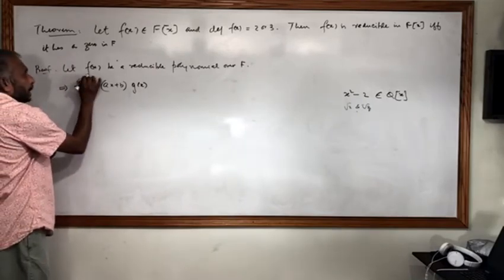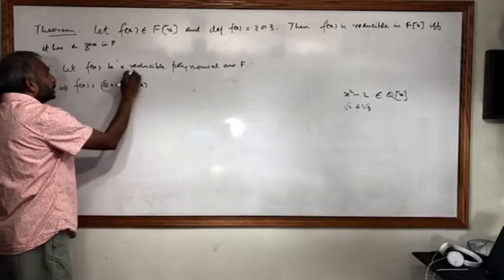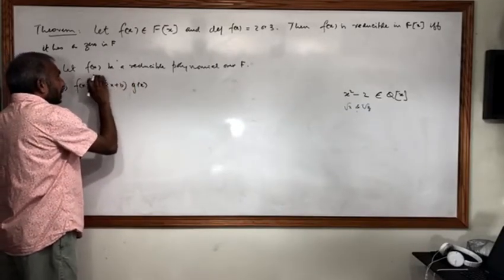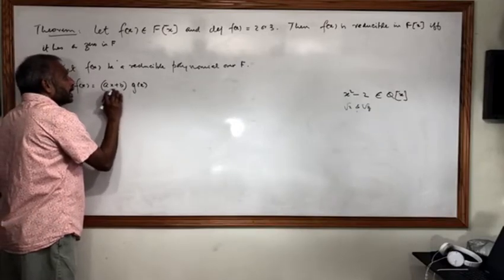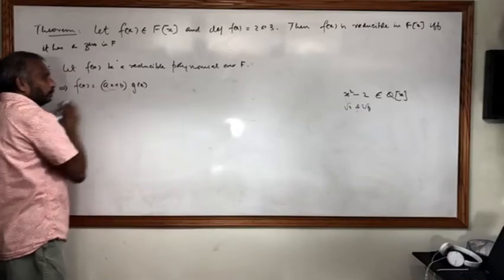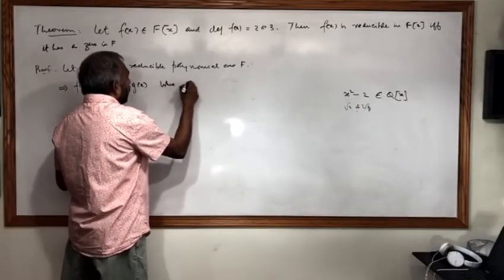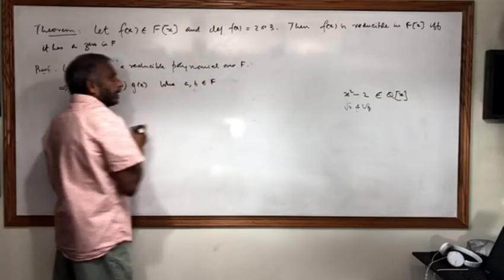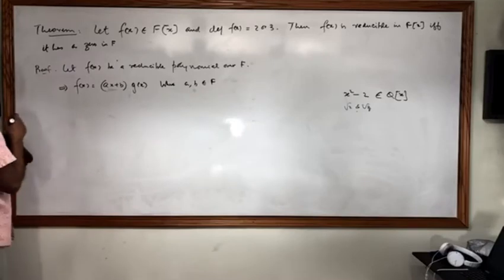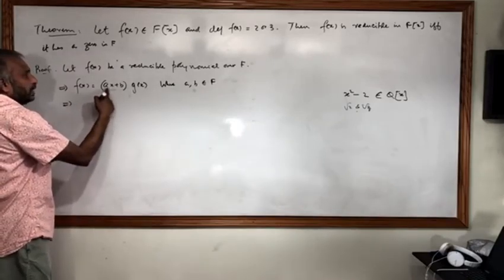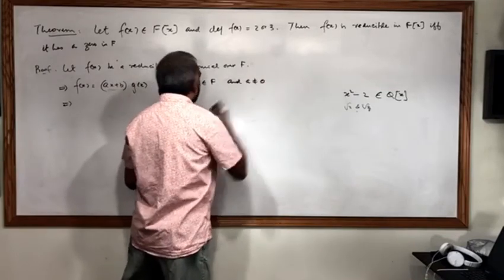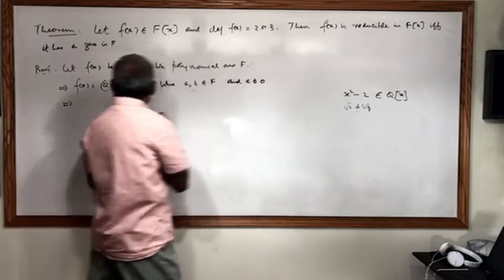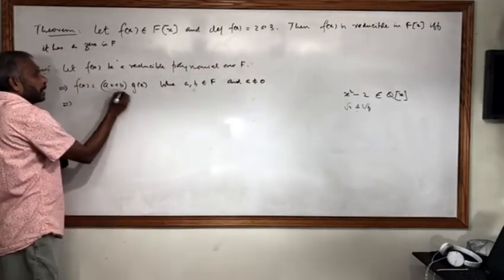Because this is of degree 2 or 3, if it is reducible, the degree of one of the factors has to be 1, and this is how you write a linear polynomial, a polynomial of degree 1, where a, b belong to F. And a is different from 0, because if a is equal to 0, then this will become a constant polynomial.